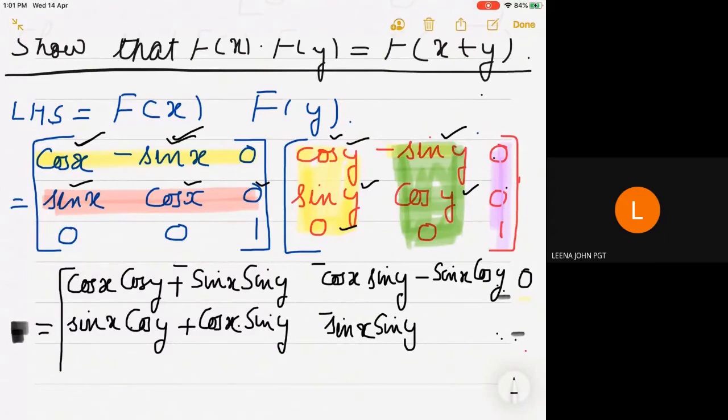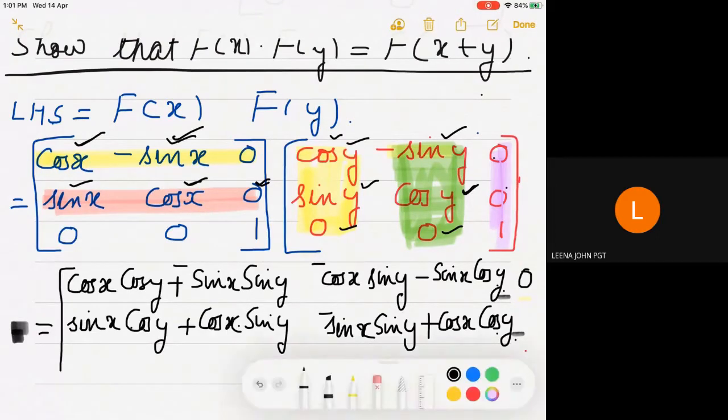Then again the second element, cos x into cos y. So that is plus cos x into cos y, then plus 0 into 0. That becomes 0. So I'm not writing that 0.